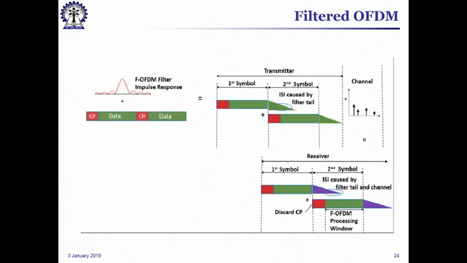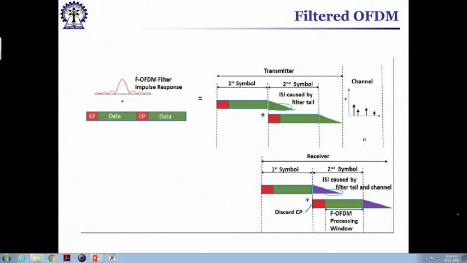This is just a summary. We have also talked about filtered OFDM, and we have also described the issues and associated factors with it, and primarily these are all variants of OFDM.